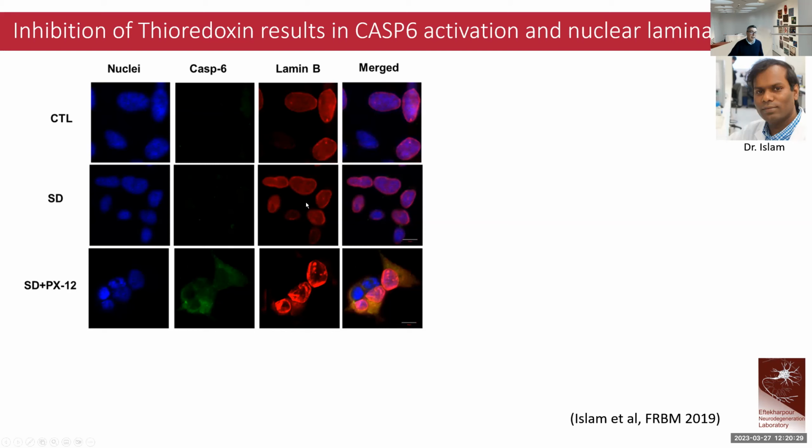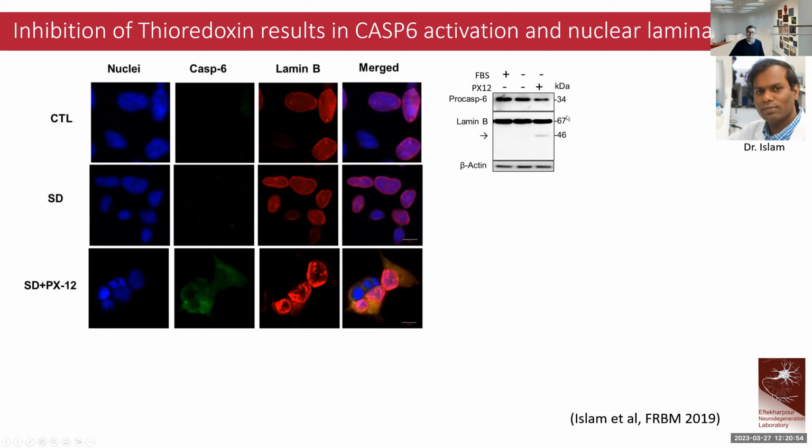Very little, if any, invagination could happen here. But when we inhibited with PX12, which is an irreversible inhibitor of thioredoxin, we saw that these nuclei were actually crumbled. And this was associated with caspase-6 activation.